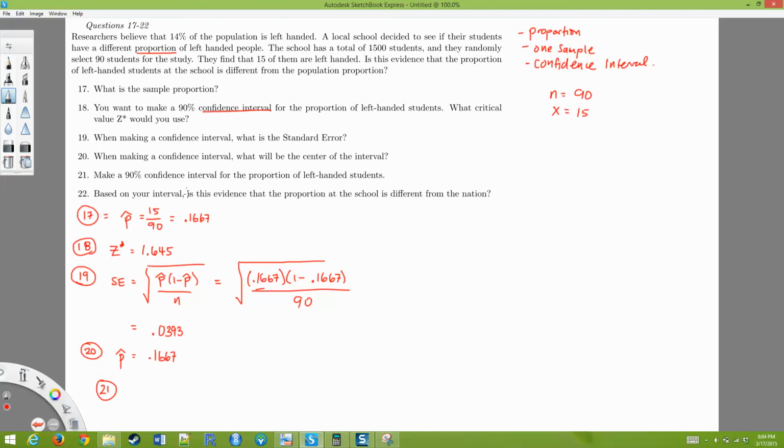All right, make the 90% confidence interval. So we're going to go p hat plus or minus z star times the standard error. So that gives me 0.1667 plus or minus 1.645 times 0.0393.